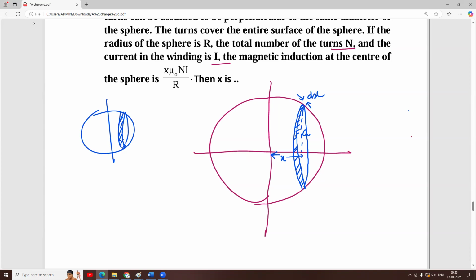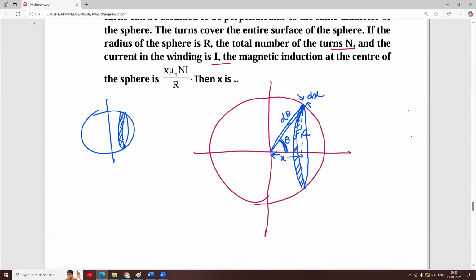Now, if I join the two ends, they make an angle here, because that piece will have a small thickness, and let this angle be d theta, and let this be theta.